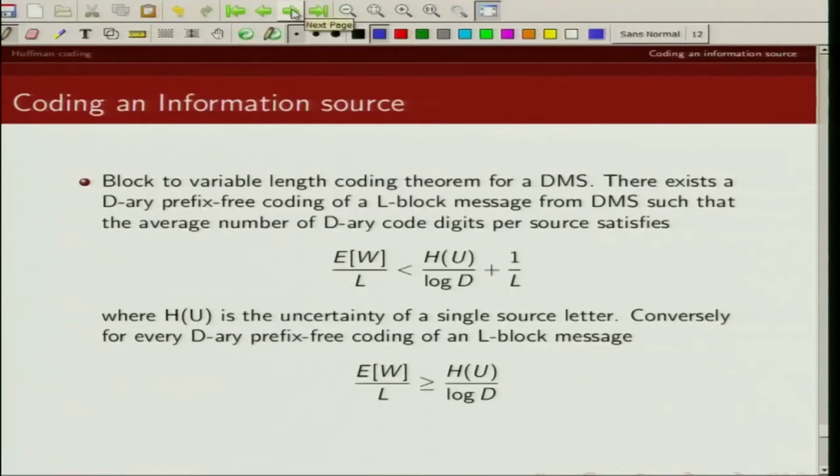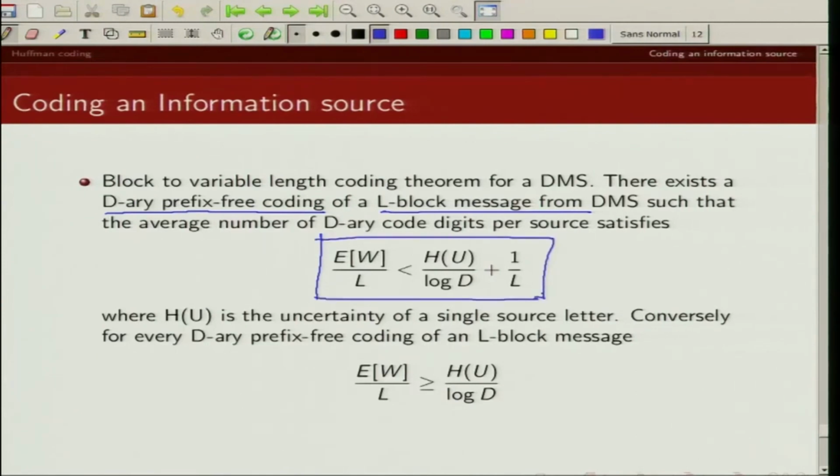So we can show that there exists a D-ary prefix free code for this block of L bits coming from a discrete memoryless source, which satisfies this condition: the average code word length per block size is upper bounded by this and lower bounded by this term.